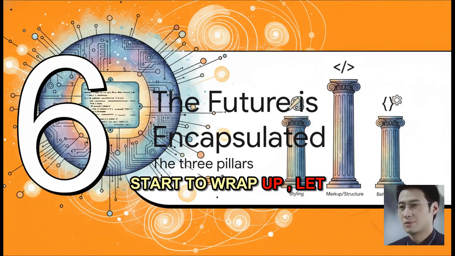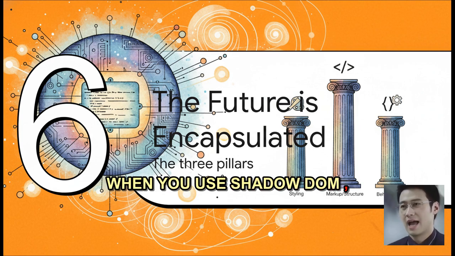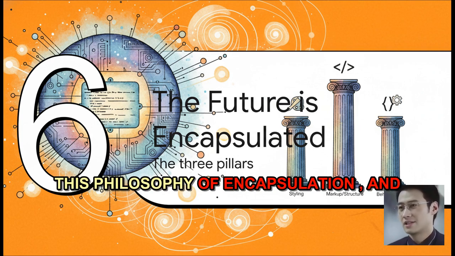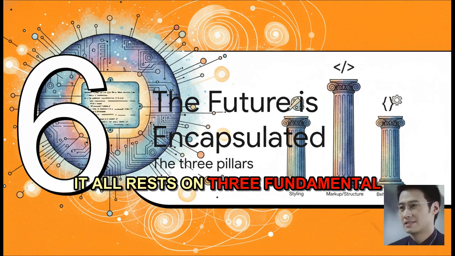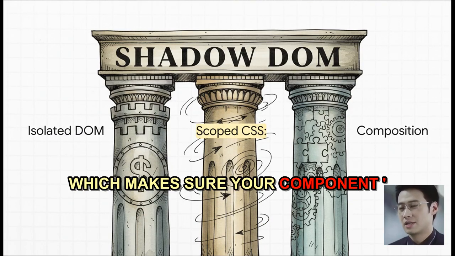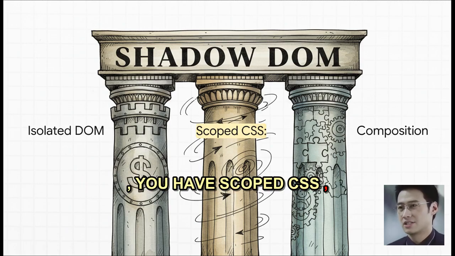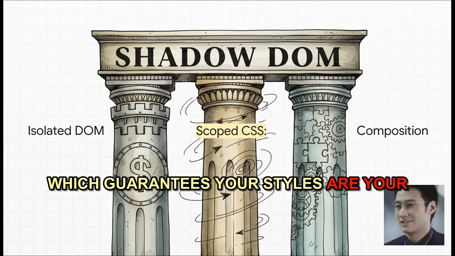So as we start to wrap up, let's just zoom out and bring it all back together. When you use Shadow DOM, you're really buying into this philosophy of encapsulation, and it all rests on three fundamental pillars. First, you've got the isolated DOM, which makes sure your component's guts don't mess with the main page. Second, you have scoped CSS, which guarantees your styles are your own.